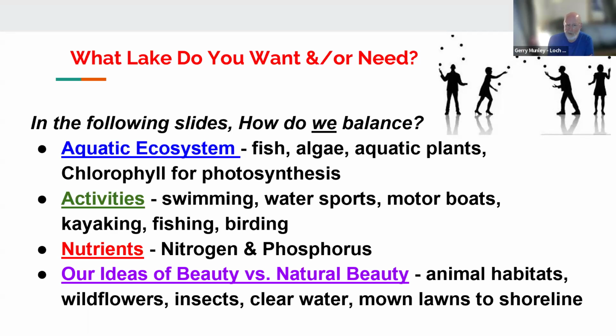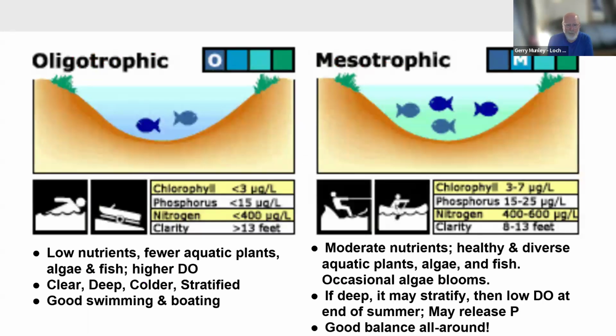What about nutrients? Do you want a nutrient balance or not? Or when I had this discussion with some people in our lake, what are our different ideas of a beautiful lake? Is it something that's very natural, or is it that we want to have our lawns mowed right to the edge of the shoreline and no buffer zone at all? Do we want to have animal habitats around?